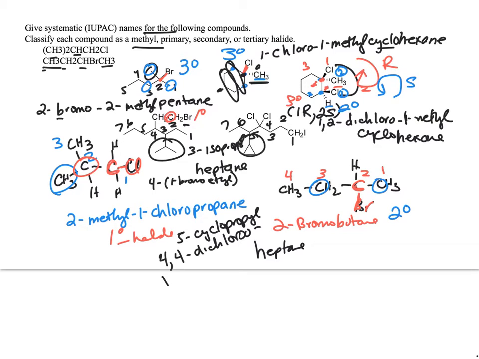And then we have 1-iodo, heptane. And then you would classify the 4 carbon with the 2 chlorines, those would be secondary alkyl halides, and the one with the iodine would be a primary.